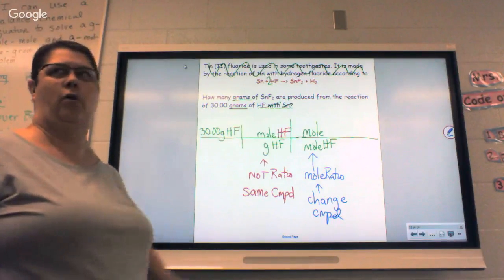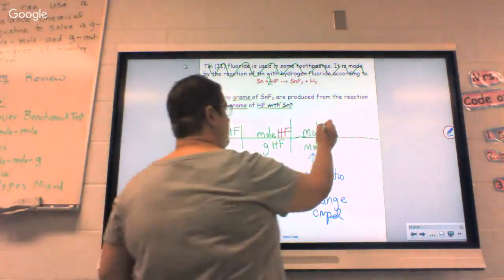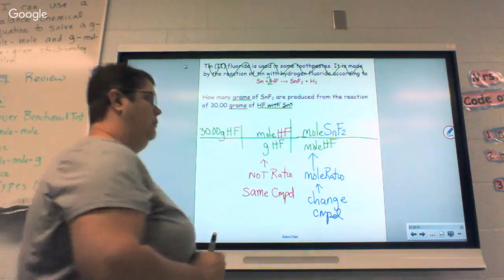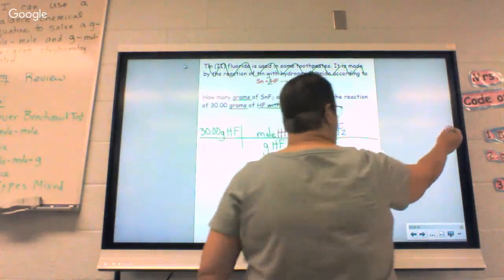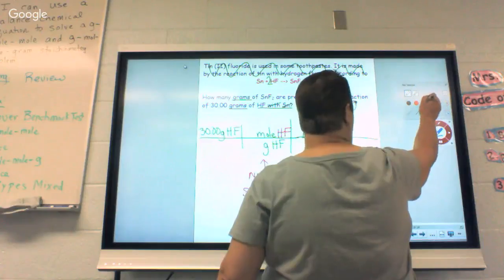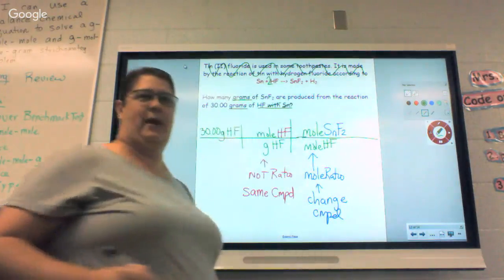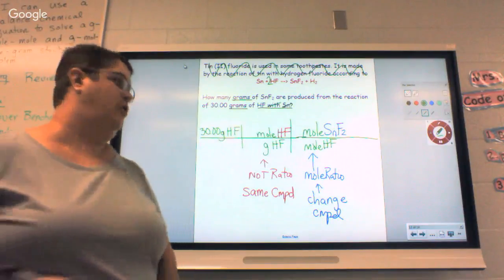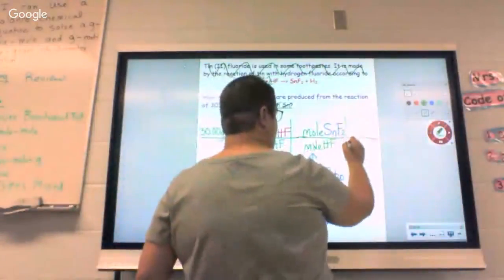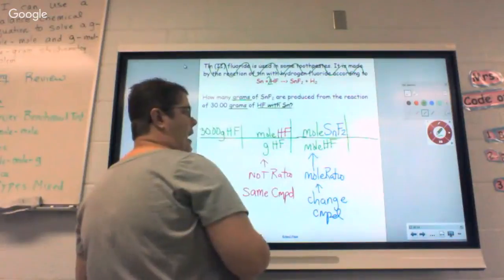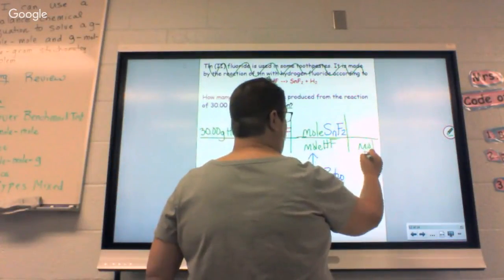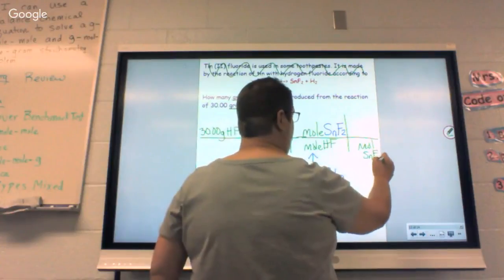What did that ask us for? SCNF2. So SCNF2 goes on the top line. Now, if they wanted moles, which is what we just did, we'd stop there. But they didn't ask for moles this time, they asked for what? So this time I have to go one more section. What goes on the bottom? The moles of SCNF2, so it can cancel out.